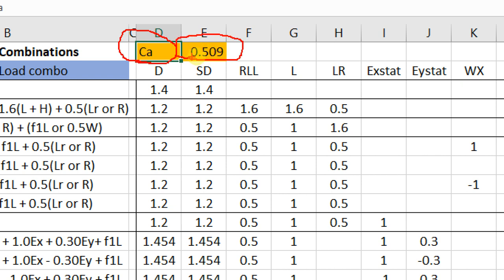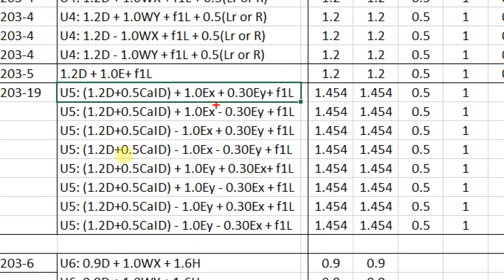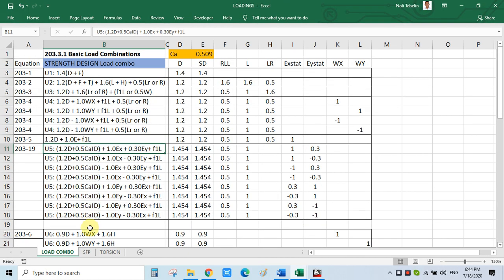So, we will have this 1.2 dead plus 0.5 CaID plus 1.0 earthquake along X plus 30% along Y plus F1L. So, ganito yung magiging load combinations natin. Then, ito ay para sa 100% along X and 30% along Y. So, we will have plus 1, plus 0.3.